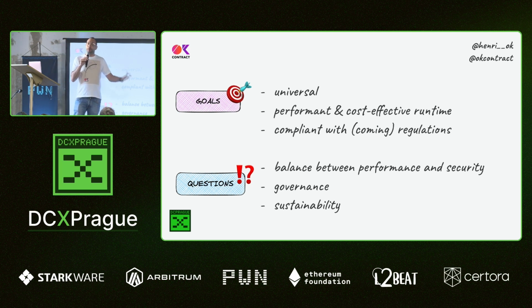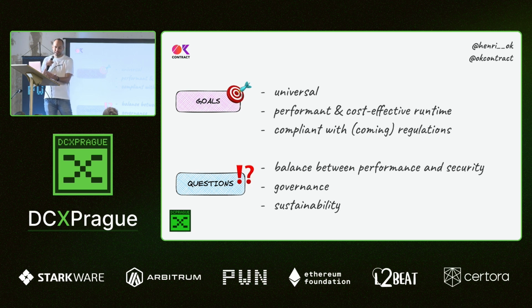So the first goal is to be universal, and that's already tackled in the way we define the semantics for any kind of transaction. Another goal is to be performant and cost-effective in terms of runtime. Ideally, there should be, in an order of magnitude, no more overhead compared to current RPC nodes, private nodes that you may use for any kind of project.